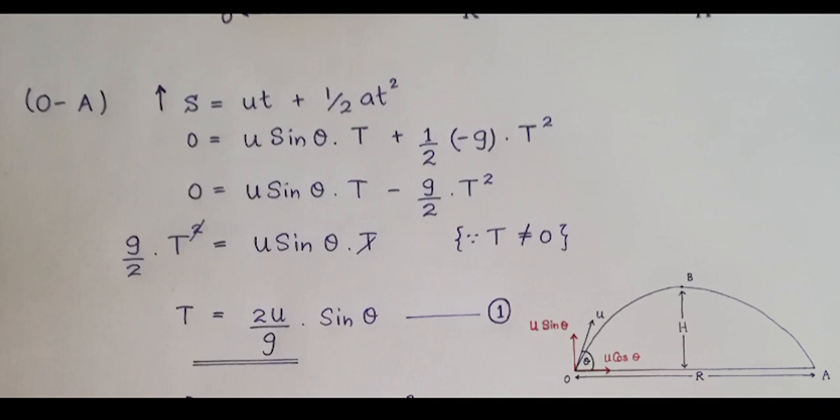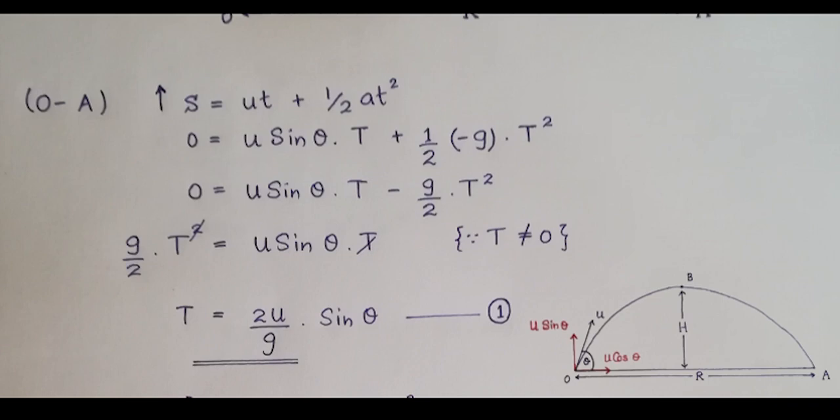Since the starting level and finishing level of the projectile are the same, there is no vertical displacement. Vertical displacement is 0. The initial velocity is u sin theta upwards into total time, I write it as capital T, plus half into, then we have to substitute the acceleration.